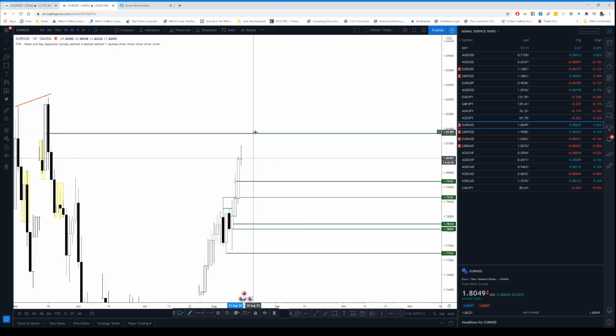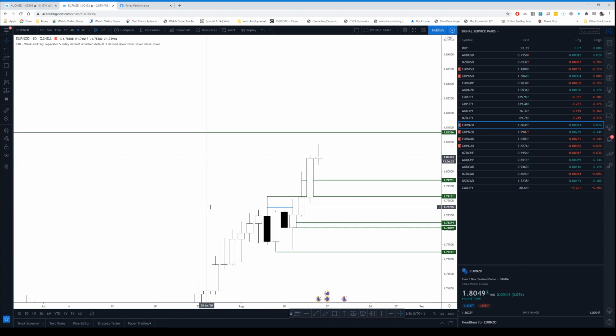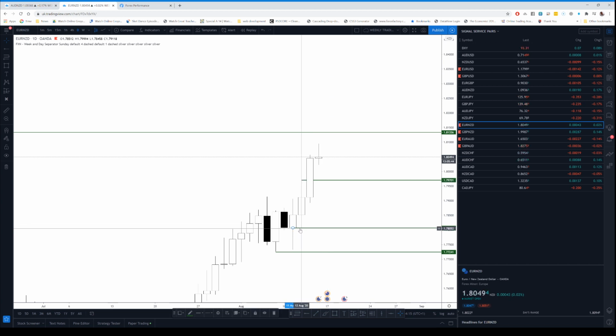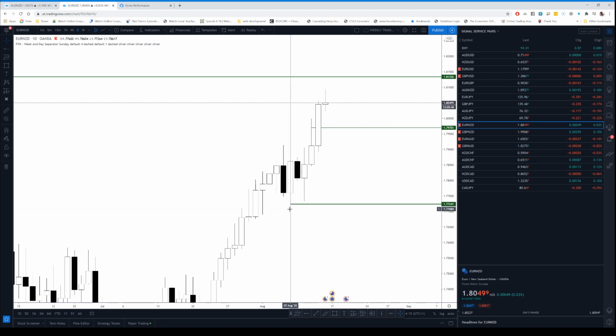On the daily, however, we have this low. That's our daily. Let me remove some of these lines. On the daily we have this low and we haven't formed a high yet.